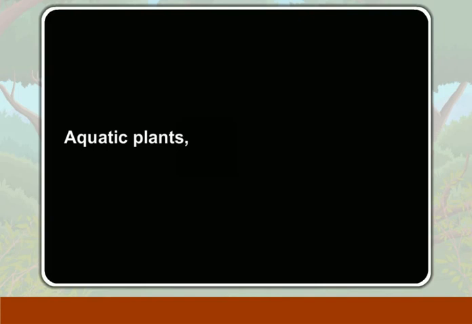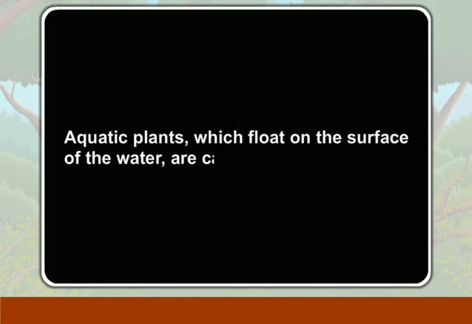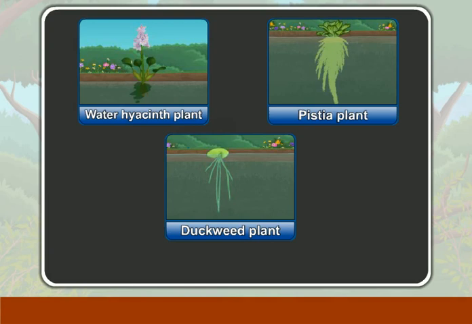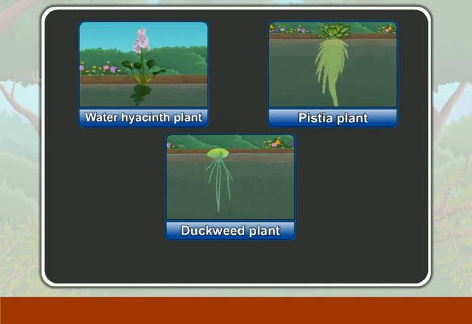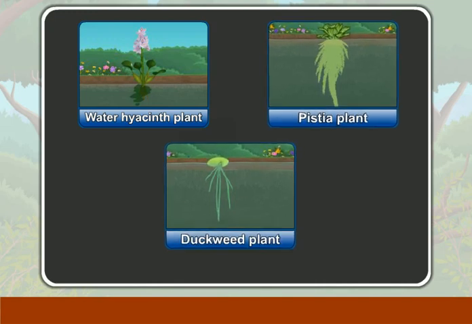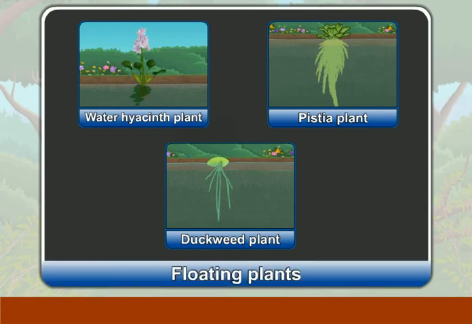Aquatic plants which float on the surface of the water are called floating plants. So, plants like a water hyacinth plant, a pistia plant, and a duckweed plant are floating plants.